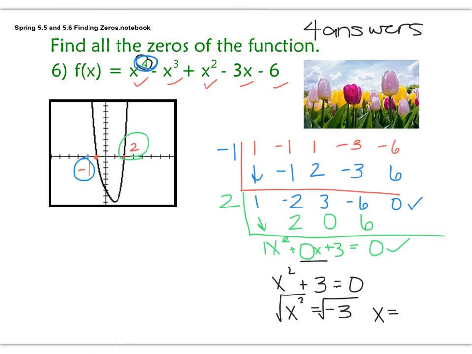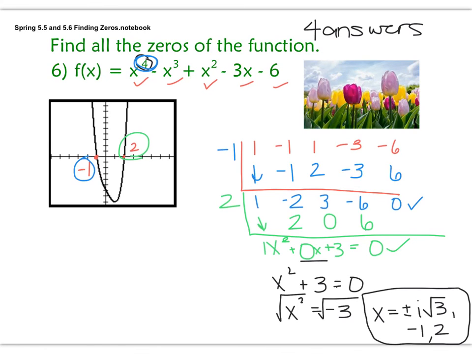So x equals plus or minus, because I took the square root. I know there's an i, because there was a negative, and I can't do anything with the 3. So x equals plus or minus i radical 3, and then I also had -1 and 2 for my answers. So there we go.